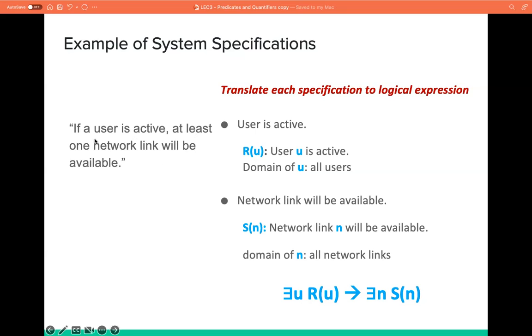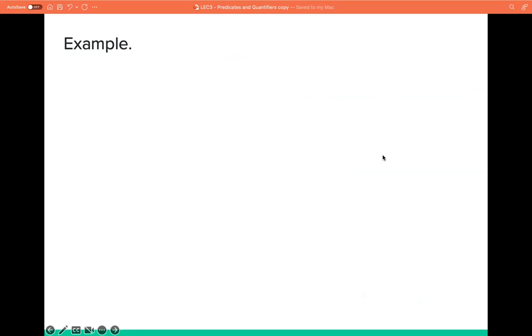There is at least one network, so that's why we have another existential quantifier here. There is at least one network that will be available. And if you notice the structure of the sentence, it is expressed in an if-then structure, wherein this serves as our hypothesis and the next statement serves as our conclusion.